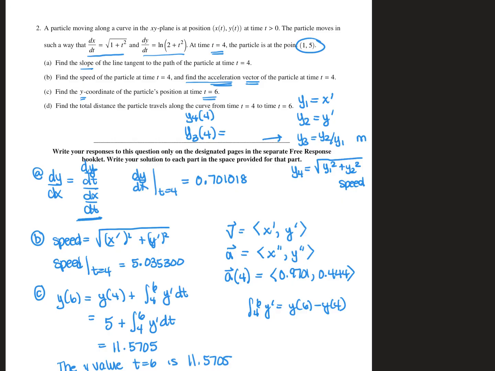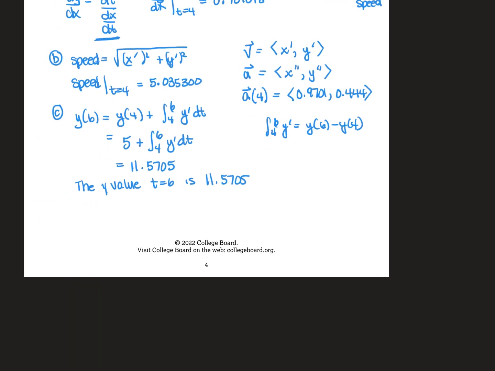And then part D, find the total distance traveled from 4 to 6. So again, the total distance traveled is the arc length. So distance is equal to the integral from 4 to 6 of the speed. So you're just going to go to your calculator and you're going to integrate y4.